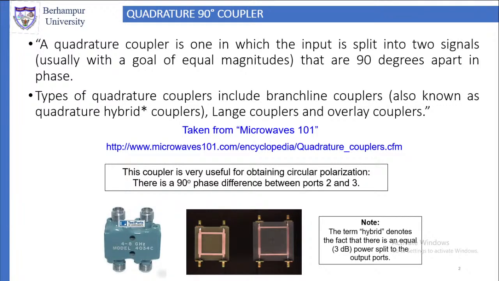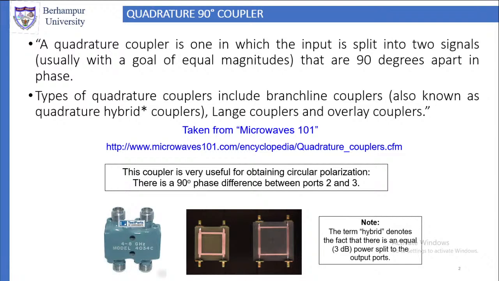But usually it will be equal division, so we'll consider equal power division. The 2 outputs will have a 90-degree phase difference among them.